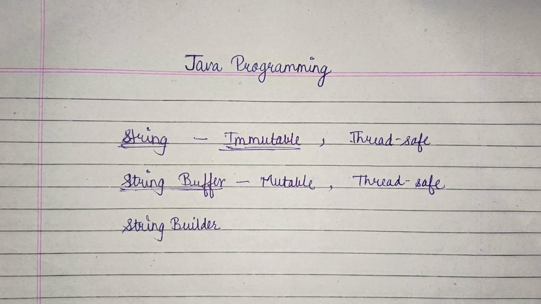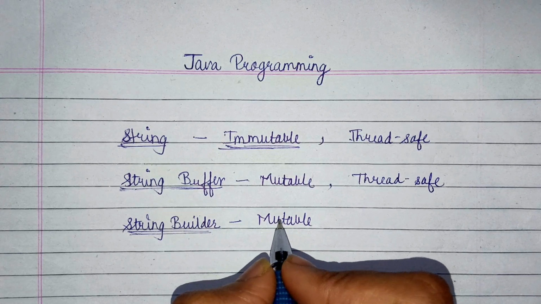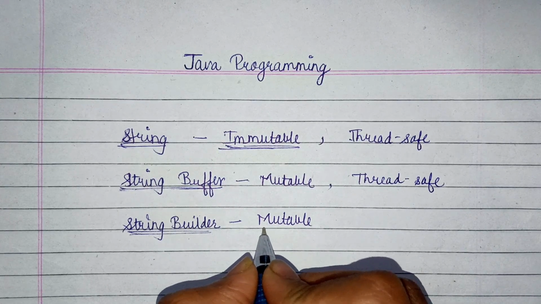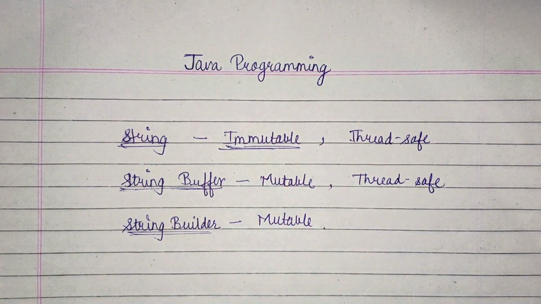The next class is the string builder class. String builder is also a mutable class. That means like string buffer, we can update the string after the creation of the object, and it also allows changes in a sequence of characters without creating a new object.